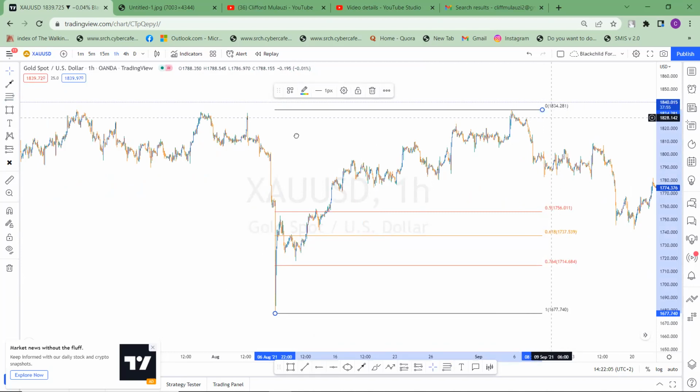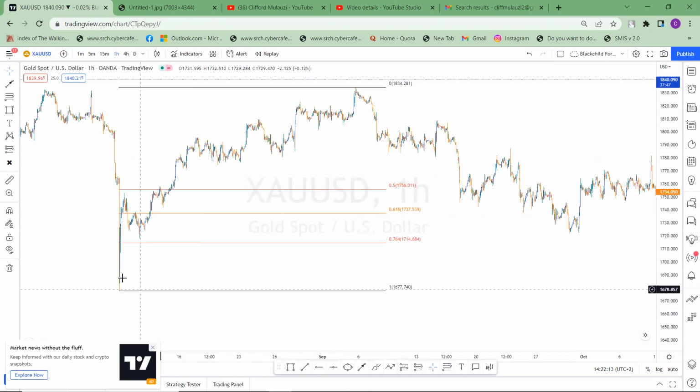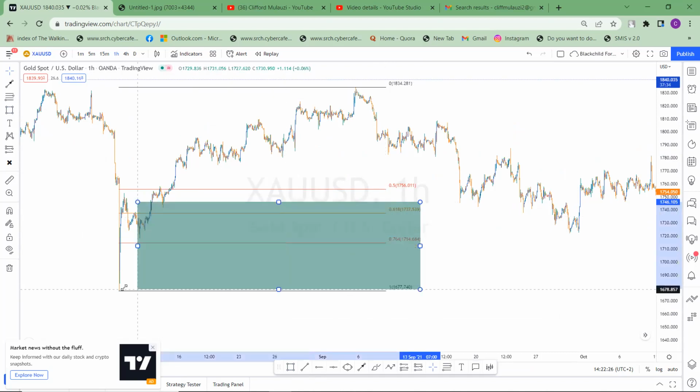Now I've moved my Fibonacci from the lowest to the highest. So I just focus on order blocks that are below the 61. This is actually the 61. I'm only interested in looking for order blocks that are below the 61 level.